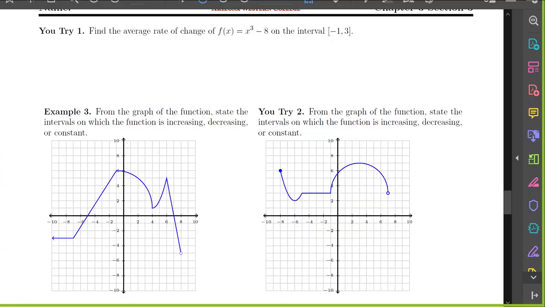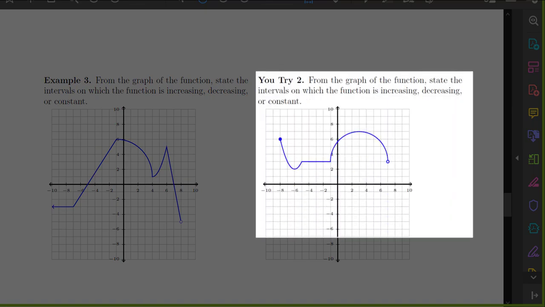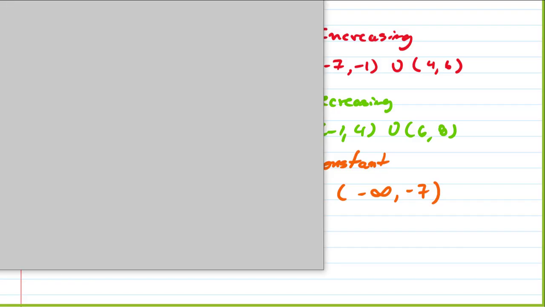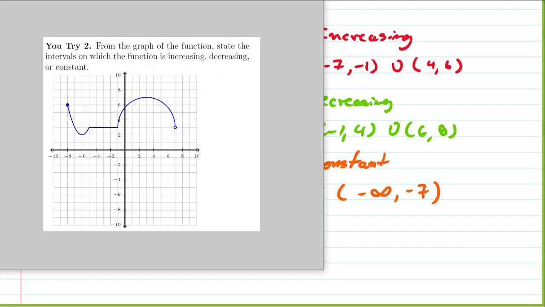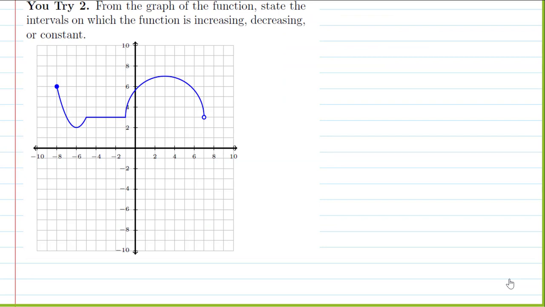All right. Now, your guys' turn. So go ahead and find the intervals of increasing, decreasing, and constant. So for increasing, that's when our graph moves up as we go from left to right.